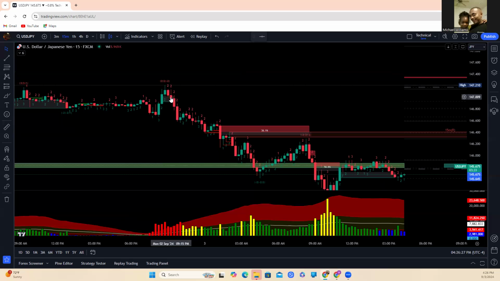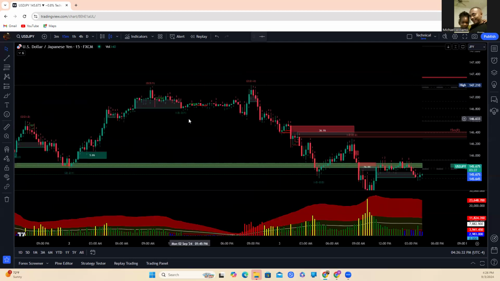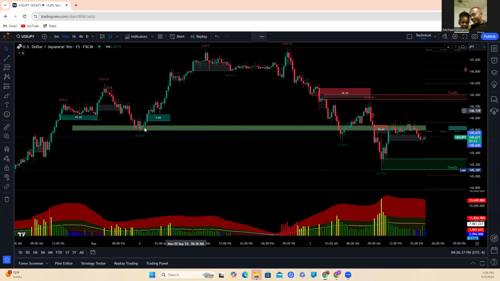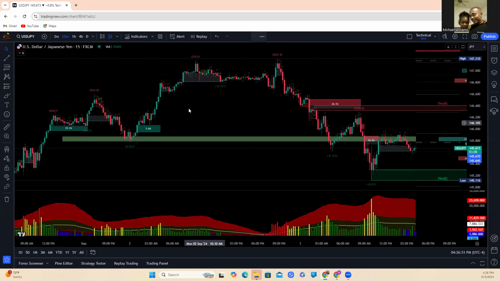On the 9:15 candle, price was able to come down and trigger me into the move, and my target was right down here, pretty much where I was able to get into the move yesterday. When you look at the amount of pips involved in that move, it was pretty significant.